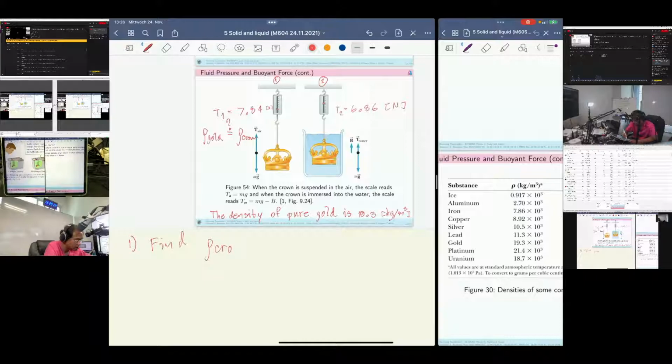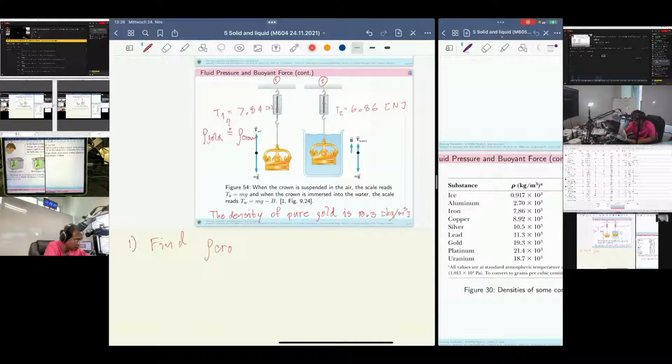And this one is the T, the tension of the rope or the string that tries to bring the crown up, but because it stays in a constant situation, the upward force and the downward force would be the same, right?